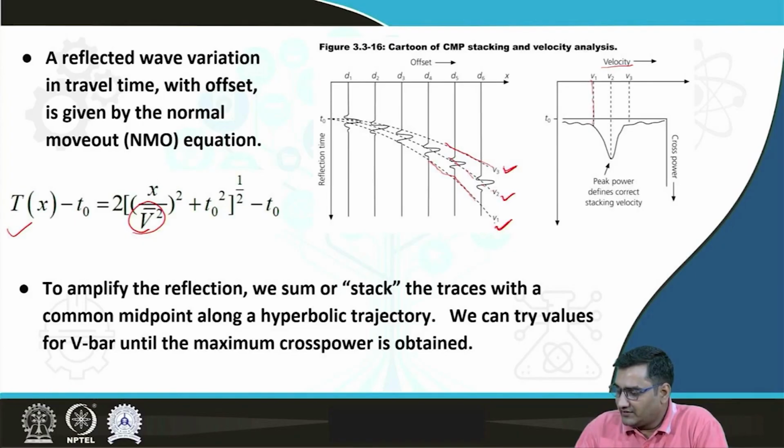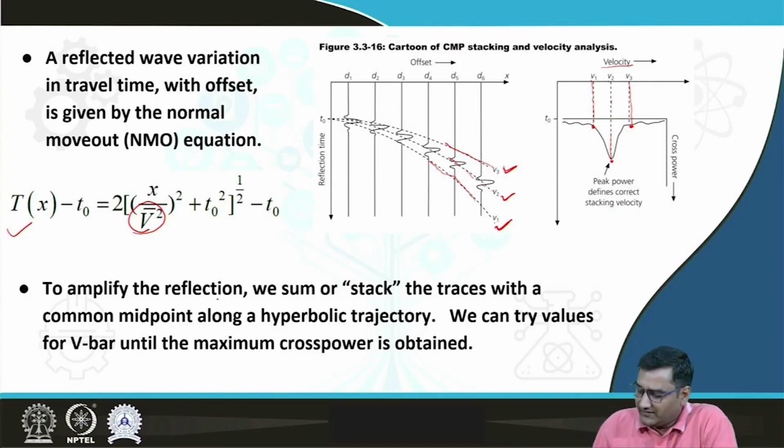At V1 this is the value of the cross power, at V2 this is the value of the cross power, at V3 this is the value of the cross power. Whatever velocity the cross power spectrum becomes maximum, or you can say wherever we get the peak power, that particular velocity is estimated to be the correct stacking velocity.